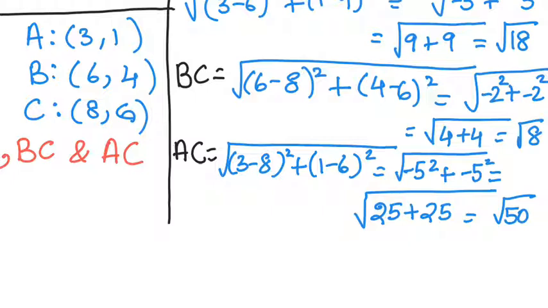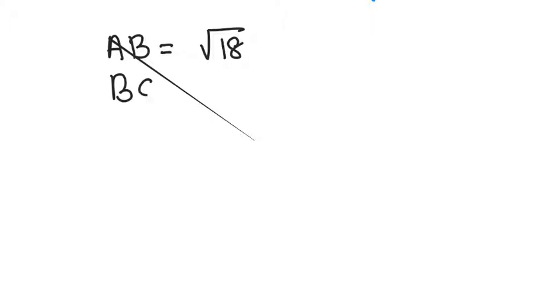So now we have found the distances: AB is equal to root of 18, BC equals root of 8, and AC equals root of 50.